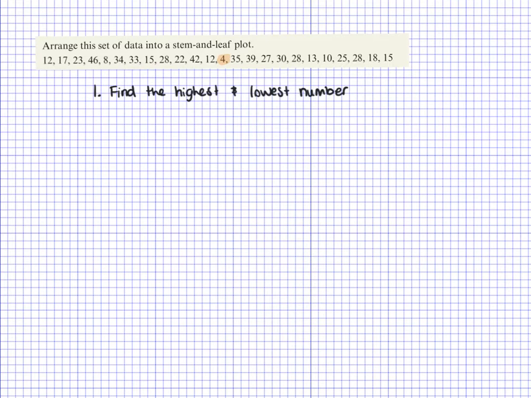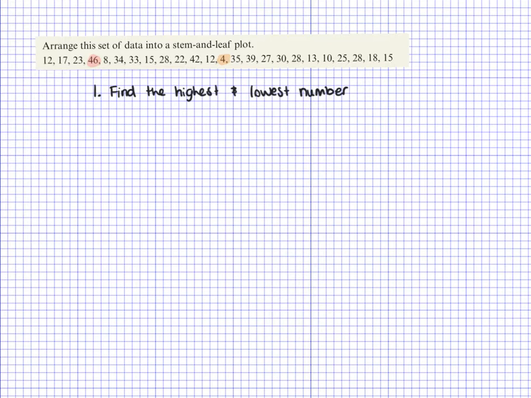Now let's look for the highest. So we've got so far 23, 46, 46, 42. Nope, 46 is still the largest. Scanning, nope. So 46 is our largest. So I'll highlight that. What that means is our stem, if we're going to make the tens the stem, has to start at 0 and go all the way to 40.